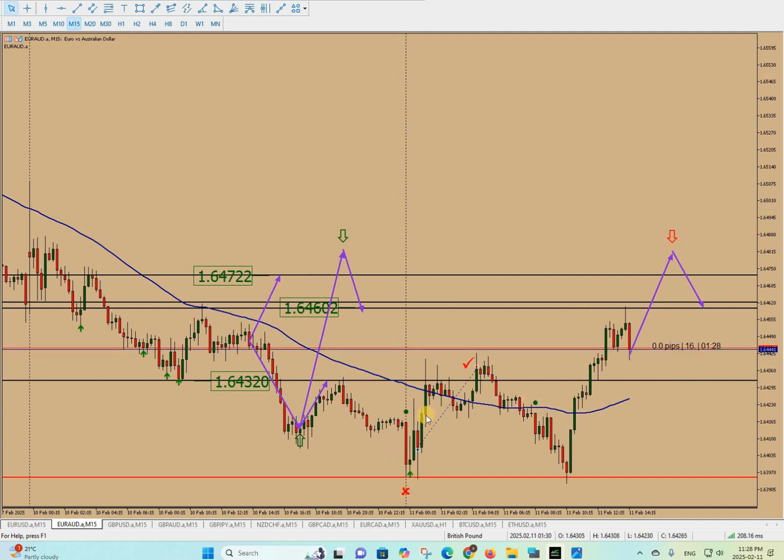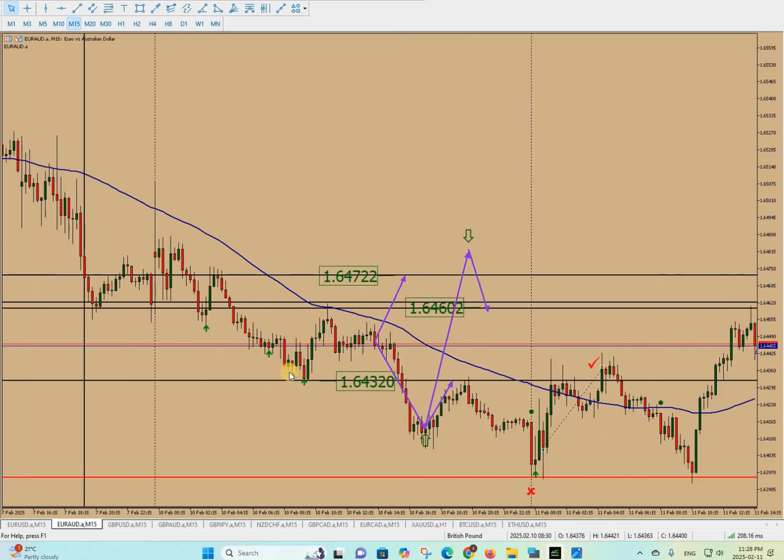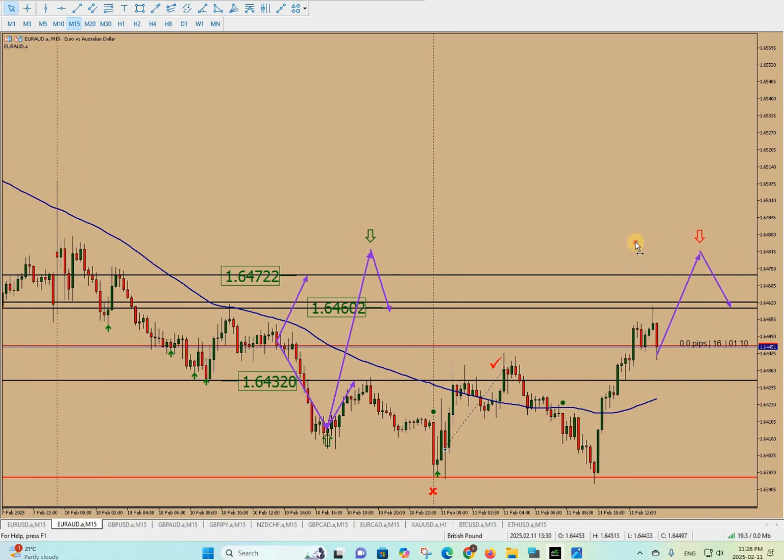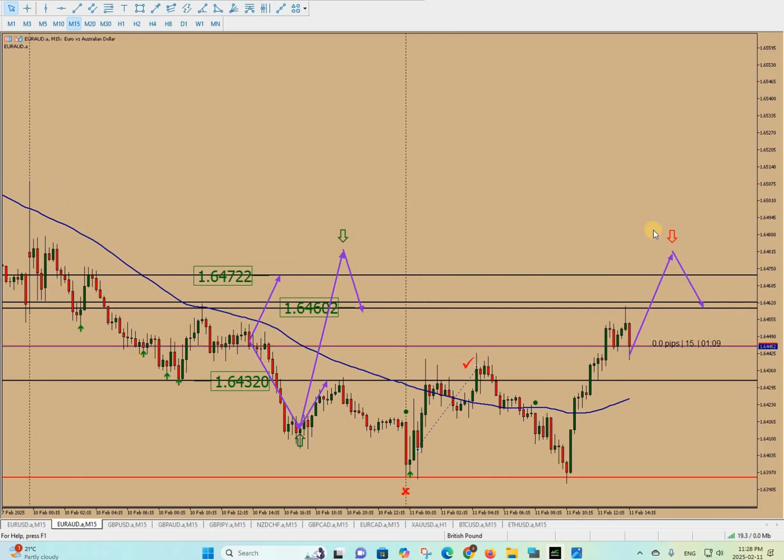Okay, so this one is done for the buy. We are waiting for the price to come to the selling zone, then we can sell if it's in this area, and if we get a signal to sell, a small red signal like this kind in this area, then we can sell it to this level. Okay, this is for Euro Australia.